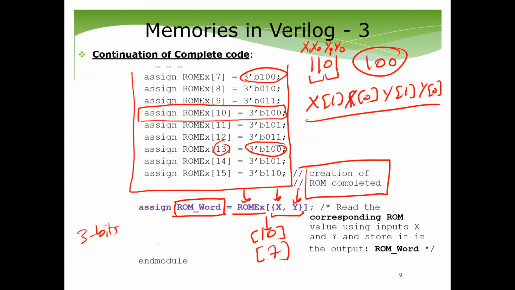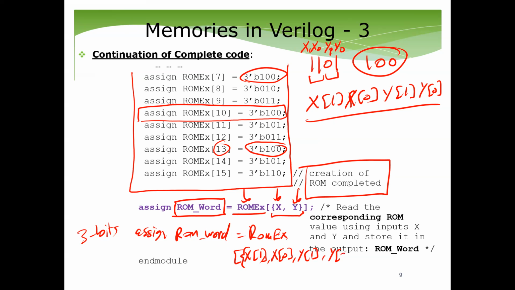You can also write, let's write it here, you can also write assign ROM word to ROM X. You can write X of 1, or you need a concatenation, which is X of 1, X of 0, Y of 1, Y of 0. That's going to give you the same result. So what you do here is you try to place the input just as you did in your table.